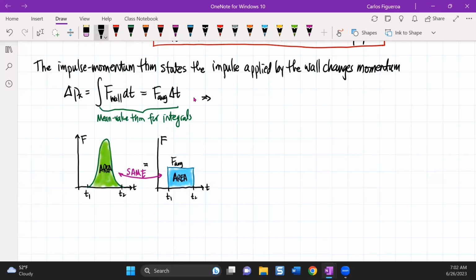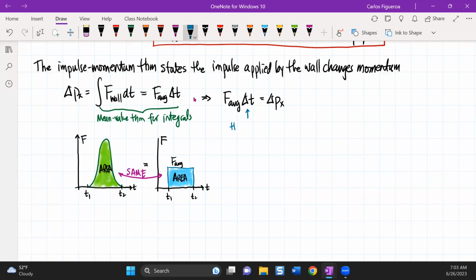And so that's what we want to do. We want to use the average force. So now I have the average force times the time interval, which is going to look like this. Now, we have to be a little bit careful with this. This is not the contact time.